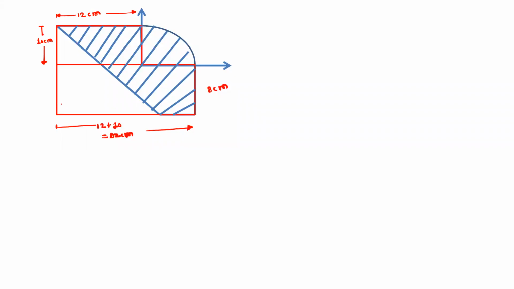So first geometry is rectangle 1. Second geometry is rectangle 2. Then third geometry is the quarter circle having the radius 10 centimeter. So this radius is given in the problem as 10 centimeter.